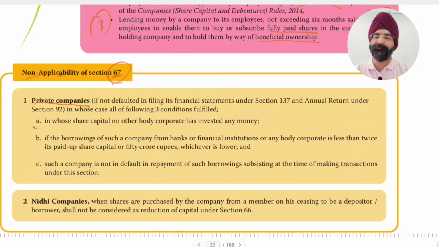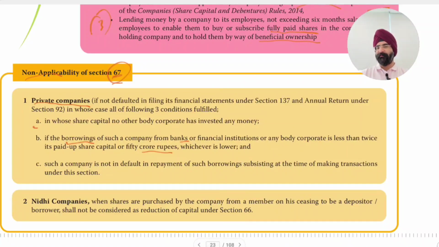Number two requirement is that the borrowings of such a company from banks or financial institutions or any body corporate are less than twice its paid up capital or 50 crore rupees, whichever is lower. So borrowings of the company from banks, financial institutions or any other body corporate must be less than twice the paid up share capital.